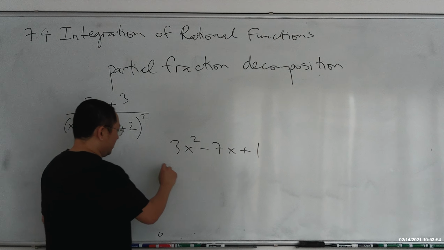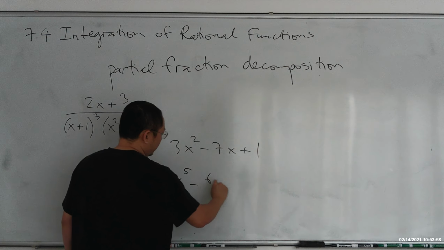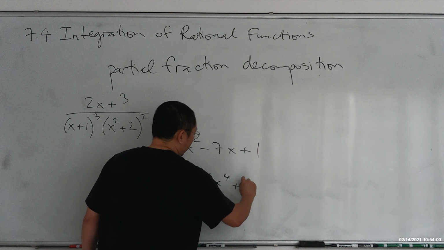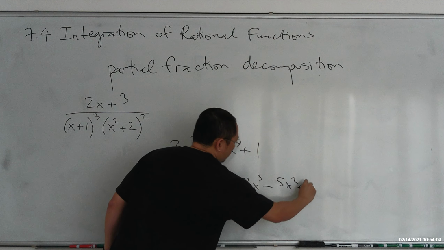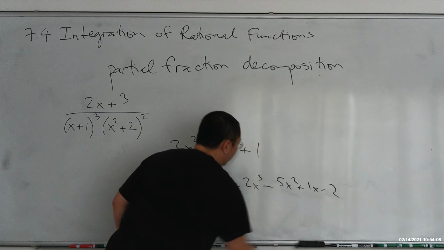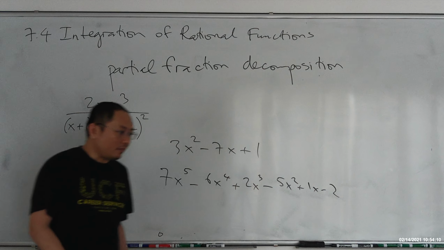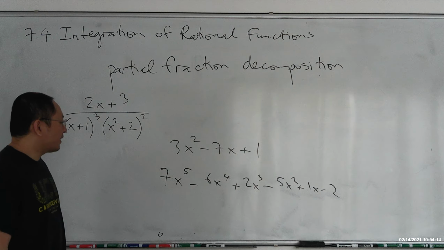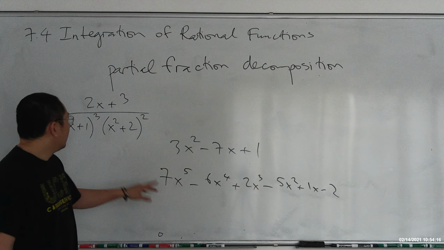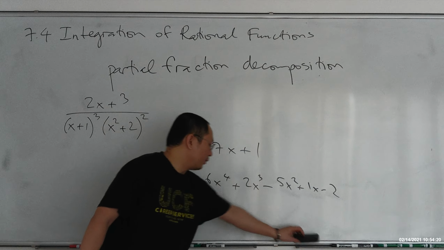So you got like 7x to the 5th minus 6x to the 4 plus 2x cubed minus 5x squared plus x minus 2. This is a polynomial of degree 5, right? And I don't know how, but for sure we can factor this out into a product of some linear factors or quadratic factors, and that's what we learned in pre-calc already.